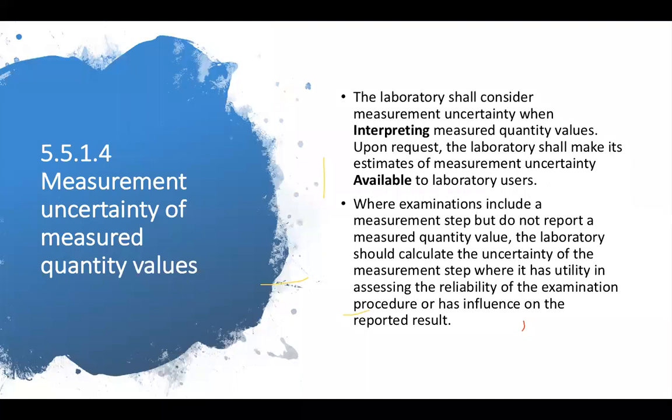Now suppose your cutoff value is 1. Standard deviation is 0.1 and measurement uncertainty 0.2. Suppose in a patient, absorbance is 0.6. If you add this 0.2 to it, it is 0.8. Still it is negative. You can report that with confidence it is clearly negative. But suppose your absorbance is 0.9.